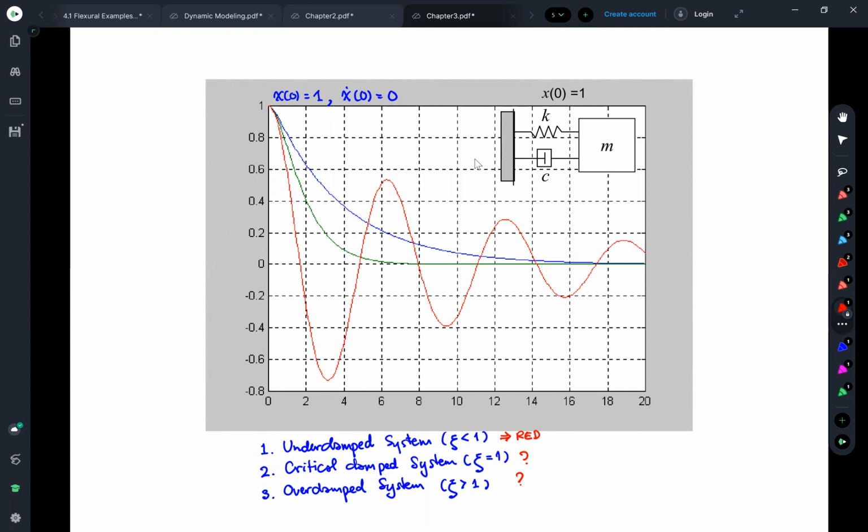In the Padlet, if you click on the link, you can see the example of the answer, right? Just tell me your ID and say 1 is equal to red, 2 is the critical dam system, is the blue or green, you tell me that. And 3 is blue or green, is the overdam system, something like this.